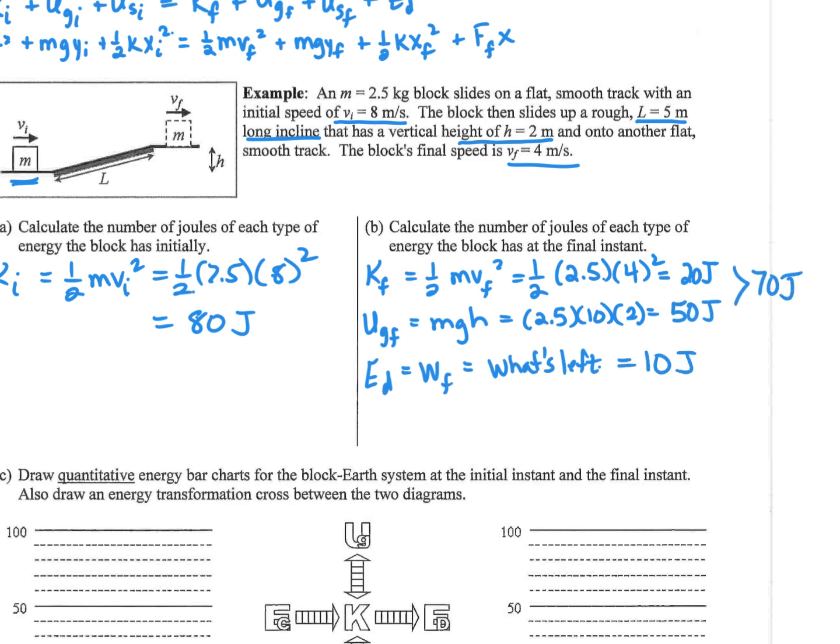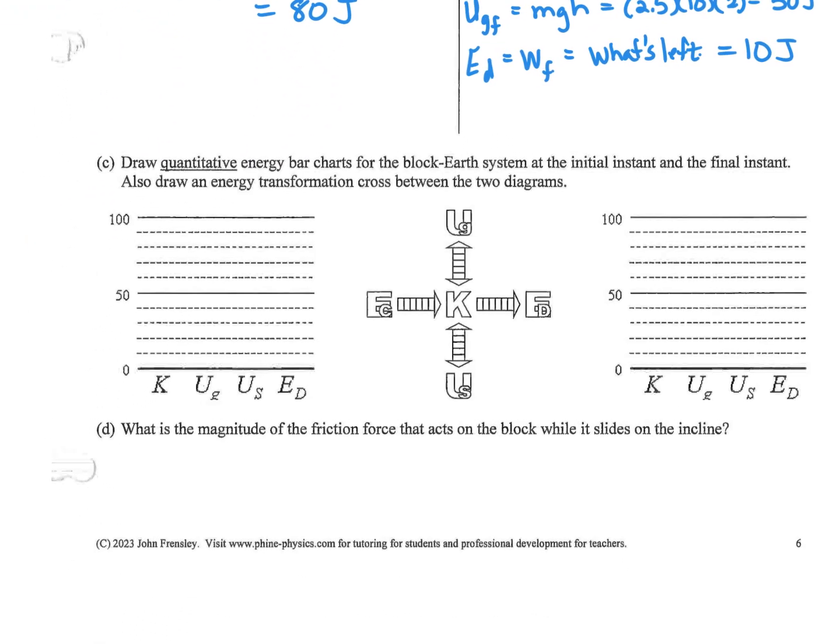Now it says draw a bar chart for the block system. Okay, so it started with 80. Some of it went to gravitational, right? And some of it went to dissipative.